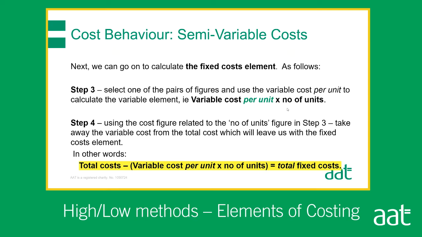Then step 4, using the cost figure related to the number of units in step 3, take away the variable cost from the total cost, which will leave us with the fixed cost element. So in other words, total costs minus our variable costs, which is the variable cost per unit times the number of units, gives us our total fixed cost. Make a note of that.